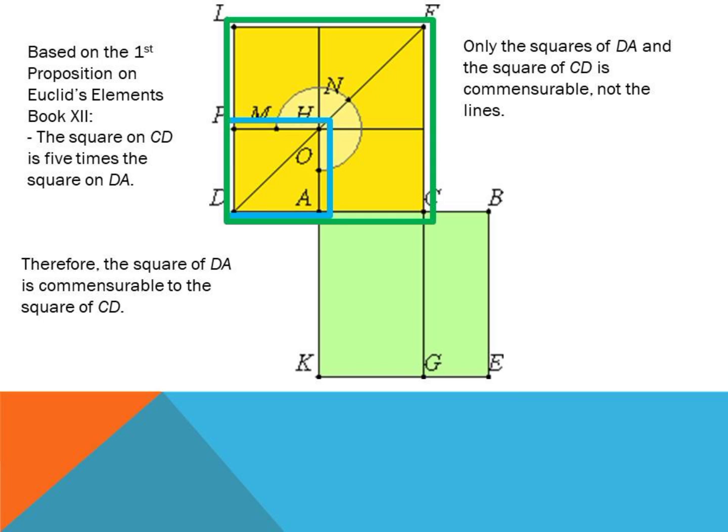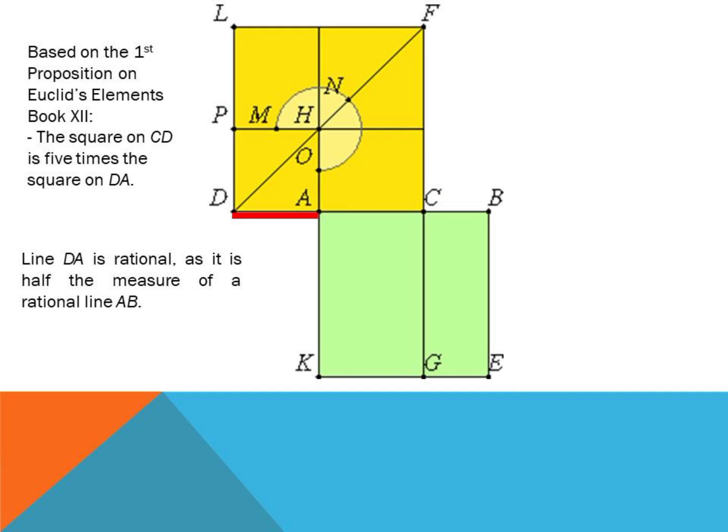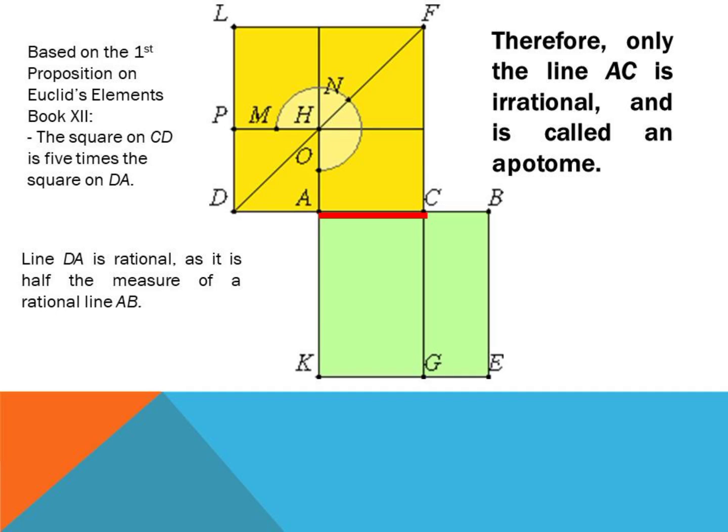But among the lines in the said proportions, only the squares of DA and CD are commensurable, not their lines. So those squares include the line DA and the line CD. We can say that line DA is rational, and it is half the measure of the rational line AB. So among the mentioned two lines, therefore, only the line AC is irrational and is called an apotome.